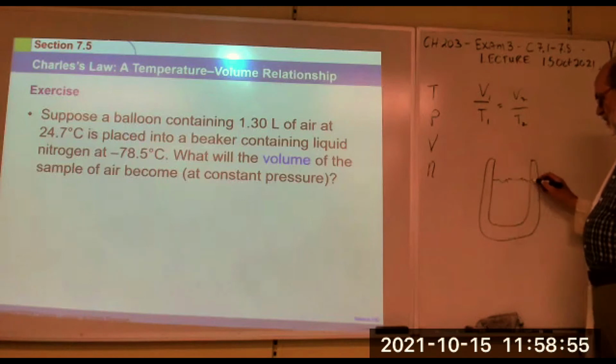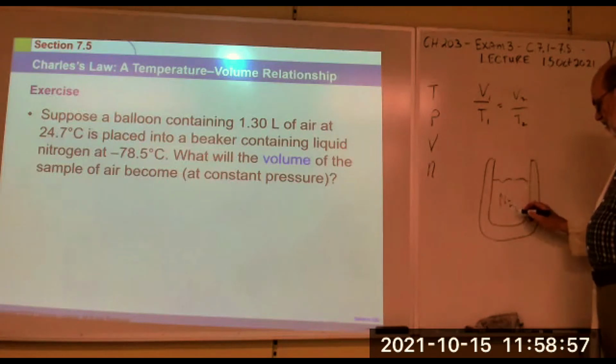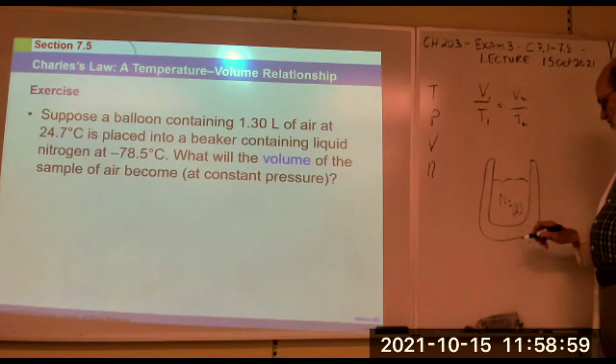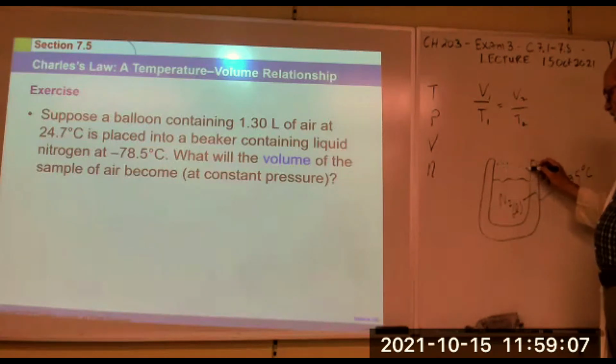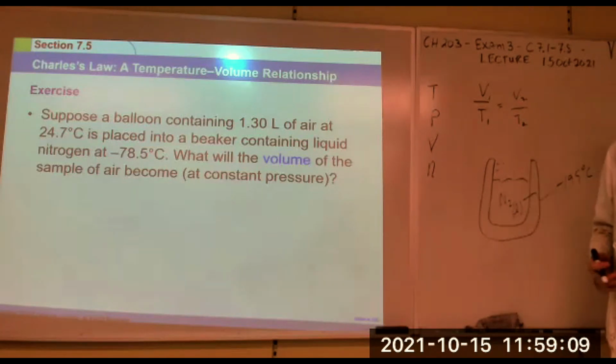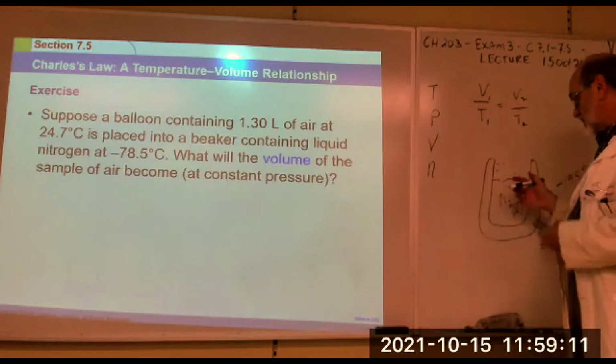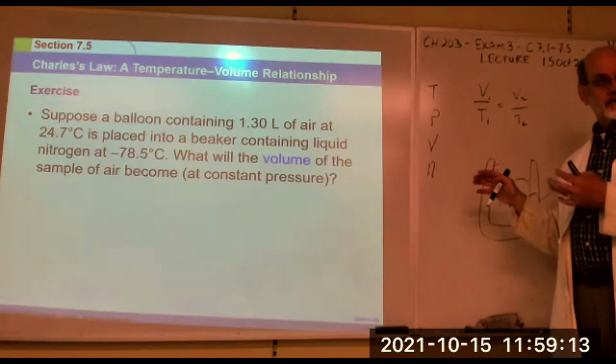So we have liquid nitrogen. The temperature of liquid nitrogen is minus 195 degrees C. So that temperature must be in the vapor above it, which is a valid storage temperature for some samples.